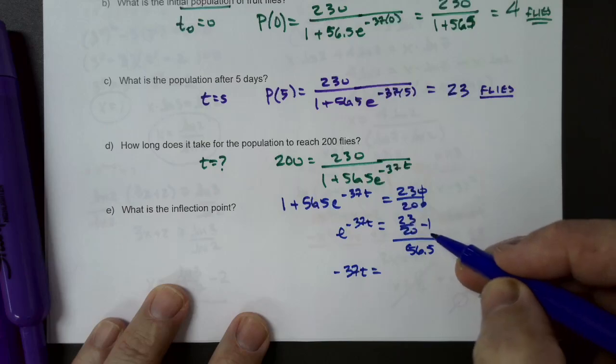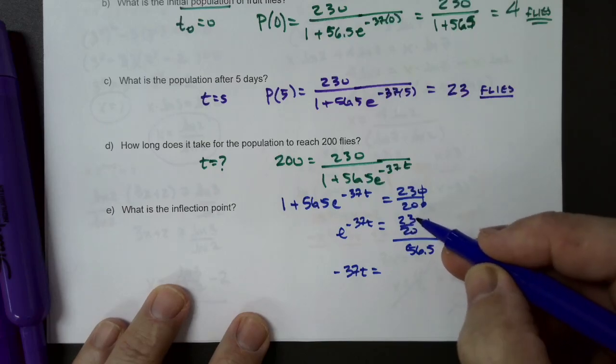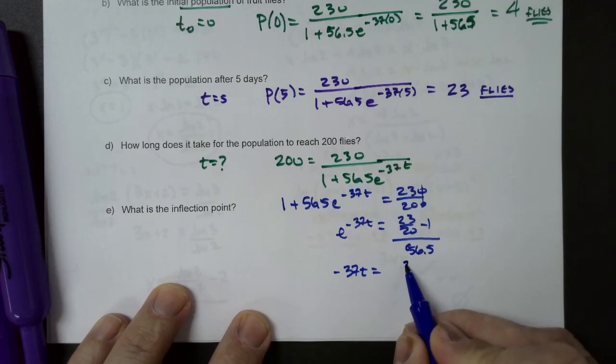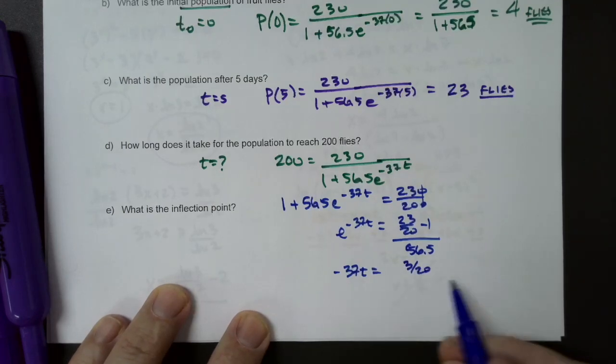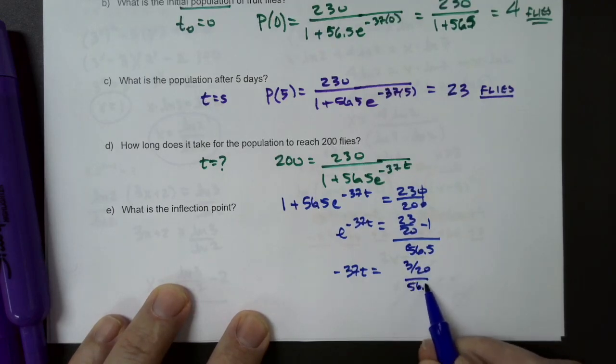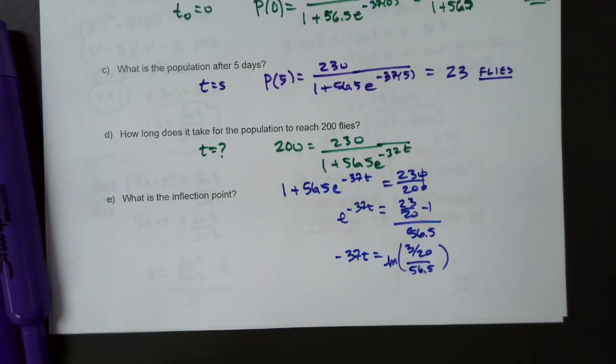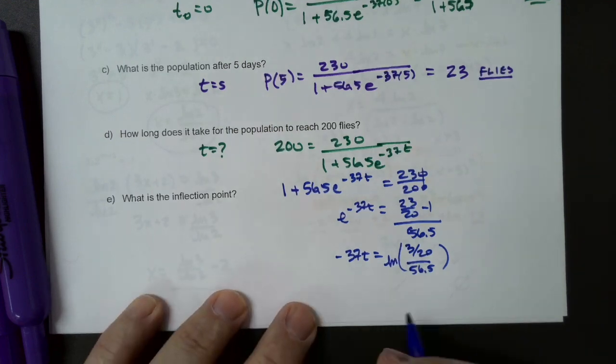Let's simplify this. If I have 23 twentieths and I subtract 1, I'll be left with 3 twentieths. All of that is divided by 56.5, and I'm taking the natural log of that mess. And I sure wish I would have just taken the time to put that in my calculator and solved it, but anyway. We've gone this far, so let's just go ahead and finish this off.